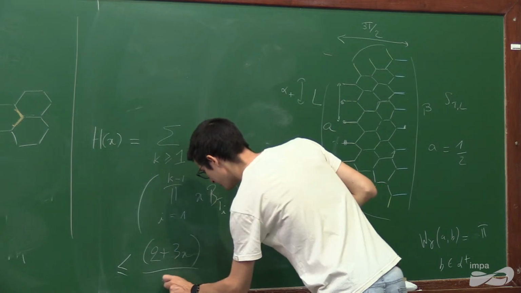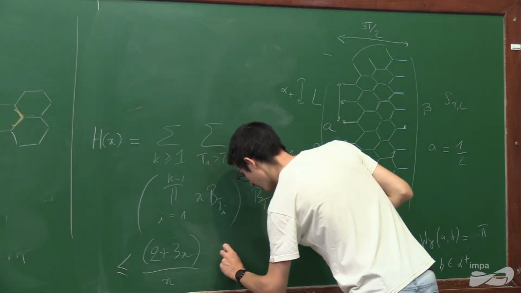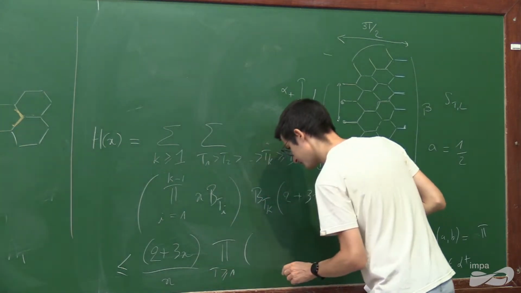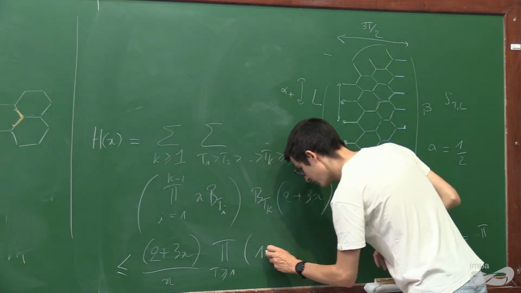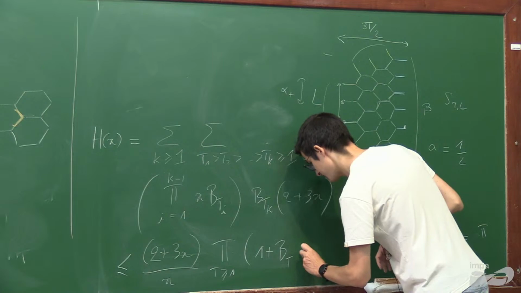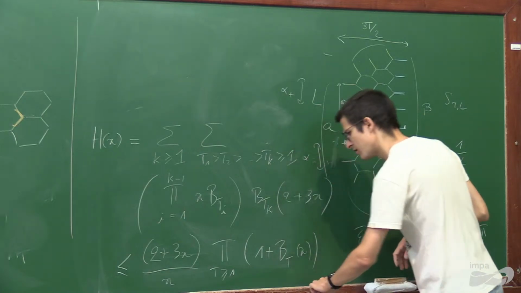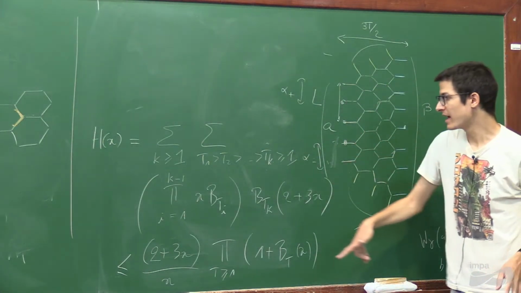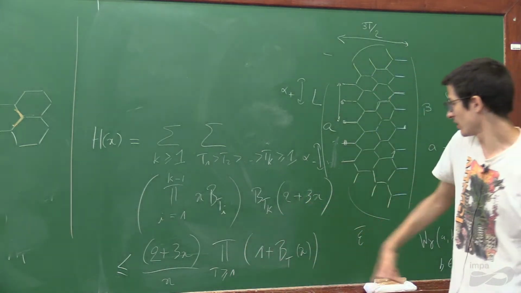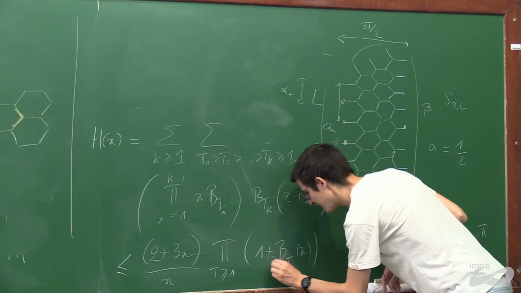You can also divide by x, and here you have the product over t larger than 1 of 1 plus b_t x. Okay?